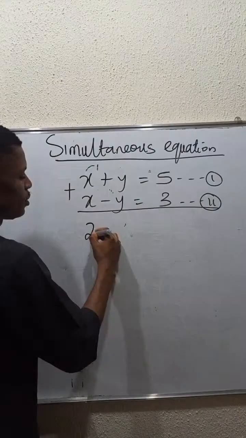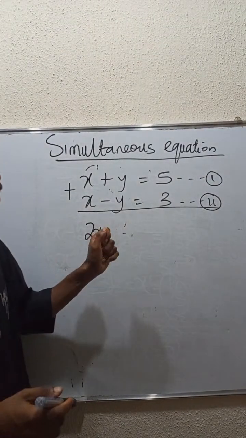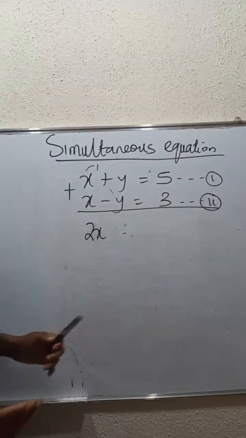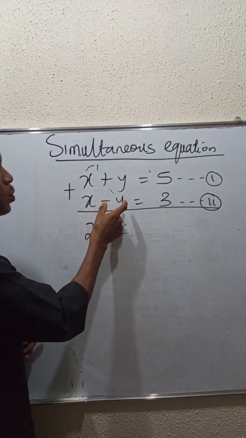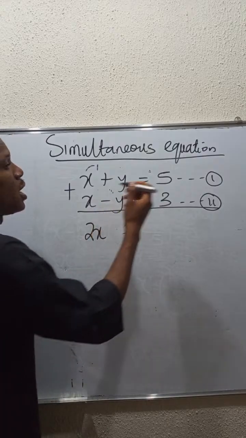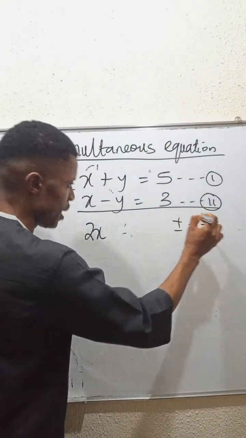And it's equal to, okay, you can see we have y plus minus y. In maths, y plus minus y simply means y minus y, because plus minus is the same thing as minus.